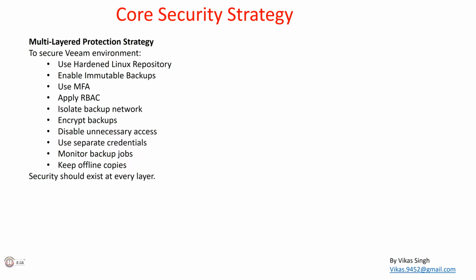A secure backup environment should include these things: a hardened Linux repository, immutable backups, which we are going to see in this demo, multi-factor authentication, role-based access control, network isolation for the backup infrastructure, backup encryption, separate credentials for your Veeam infrastructure, monitoring and auditing of all backups, and offline backup copies. So security should exist at every layer.